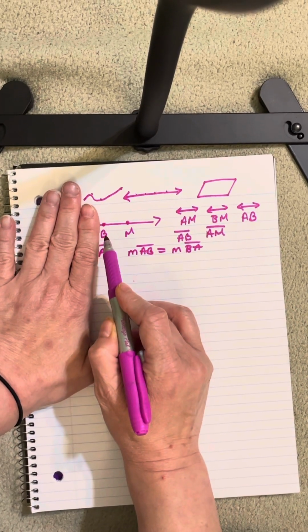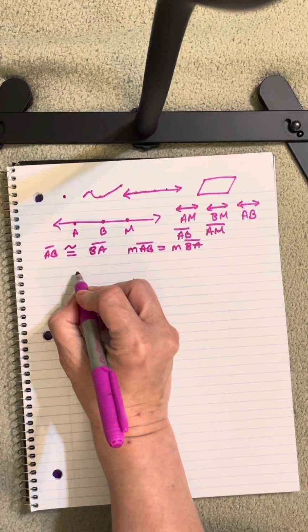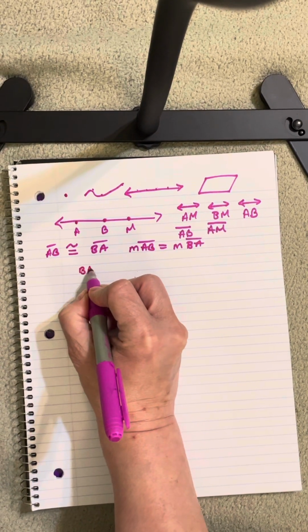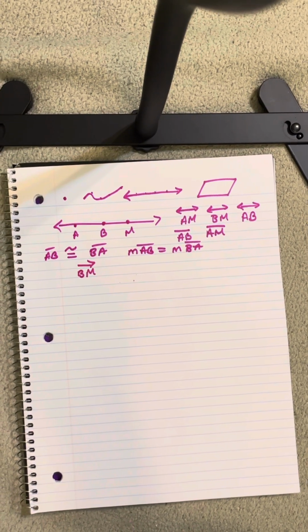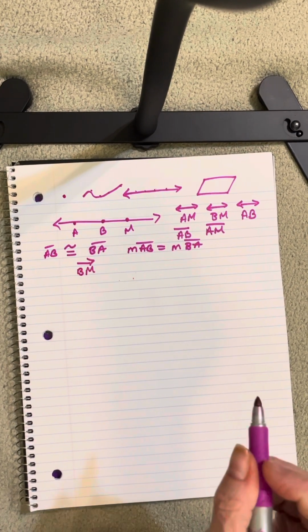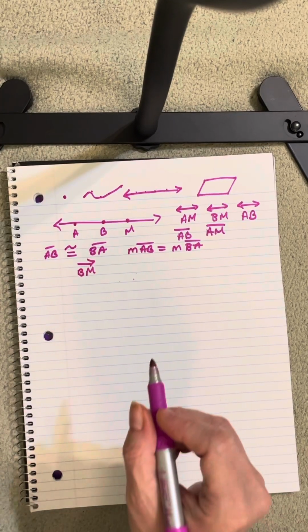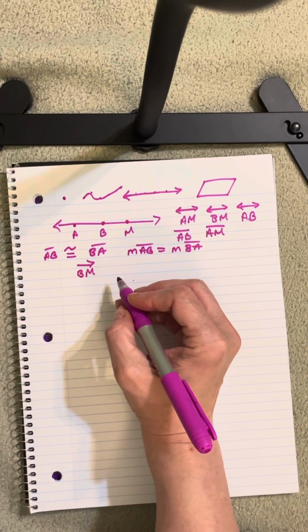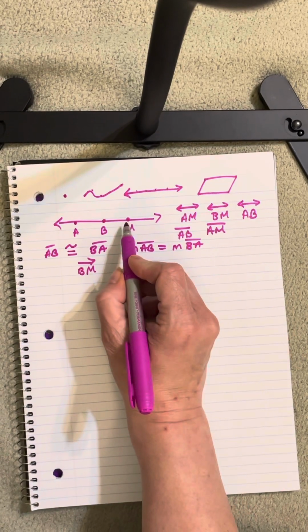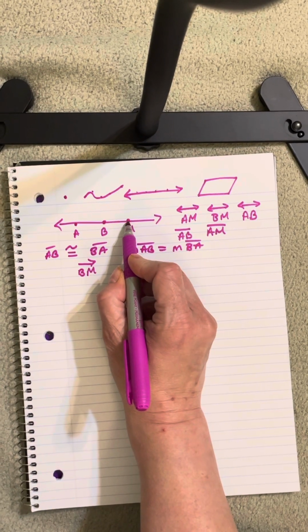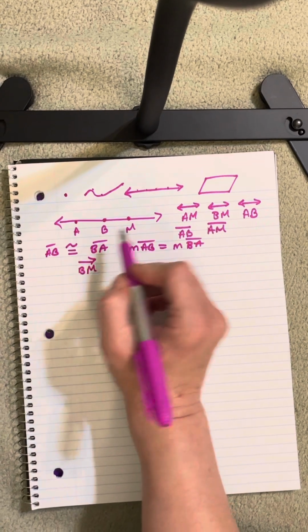So if I wish to start at B, this one is important, the order of the letters, then B through M as a ray has an arrow only on one side, which is why it was important on a line to put the arrow on both sides. I could not say ray MB, that would mean I'm starting at M and going this direction. I can't flip the letters.